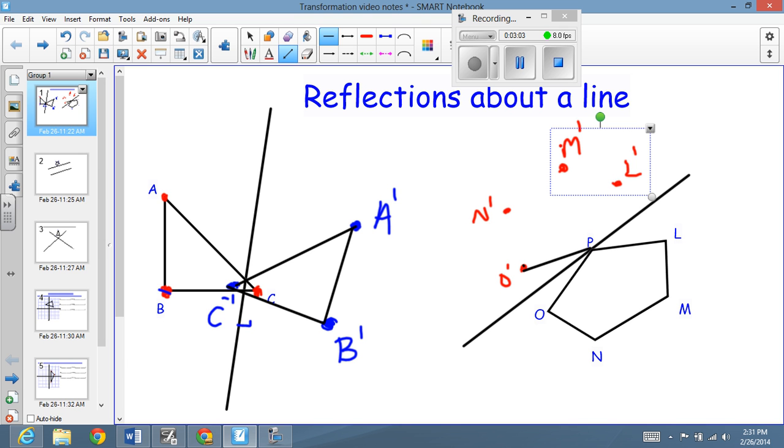Now tomorrow in class, when we're working on some of these, we'll talk about how we definitely want to use a straight edge, and in some cases we're going to measure to make sure that we get these to be as close to perfect as possible.